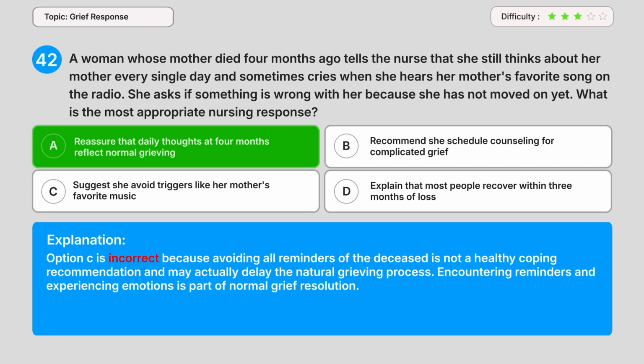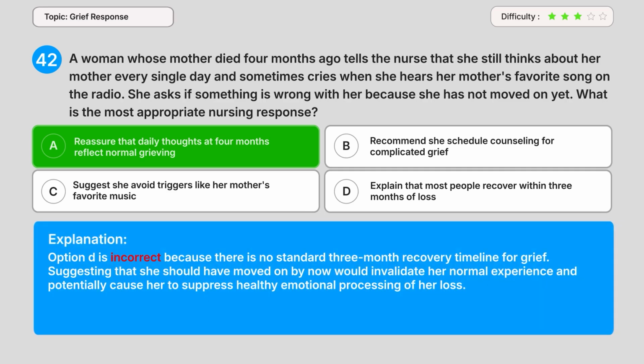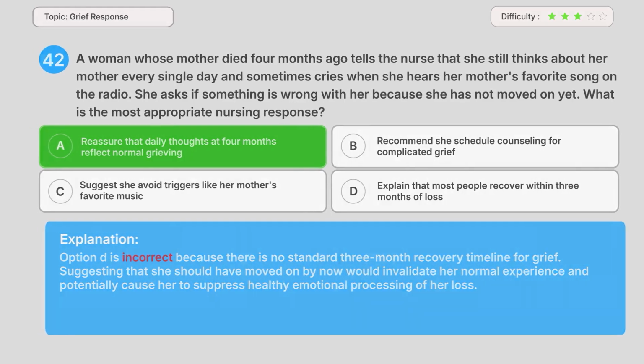Encountering reminders and experiencing emotions is part of normal grief resolution. Option D is incorrect because there is no standard 3-month recovery timeline for grief. Suggesting that she should have moved on by now would invalidate her normal experience and potentially cause her to suppress healthy emotional processing of her loss.